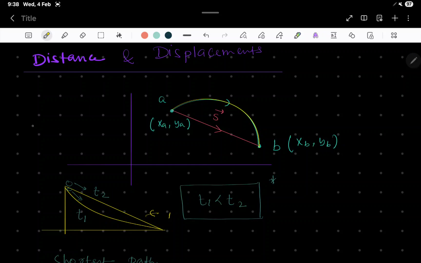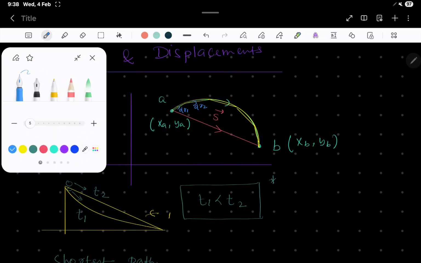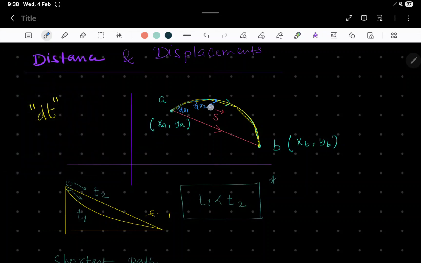For a very small time interval, let's say dt, if the particle is moving like this, like this, smaller than your imagination, then in the first dt it travels a length dr1, then dr2, then dr3, then dr4, and so on.